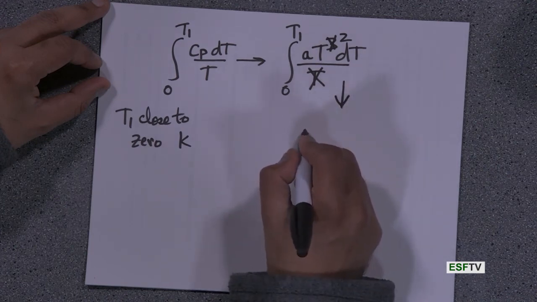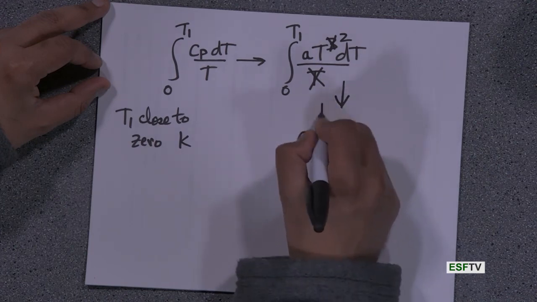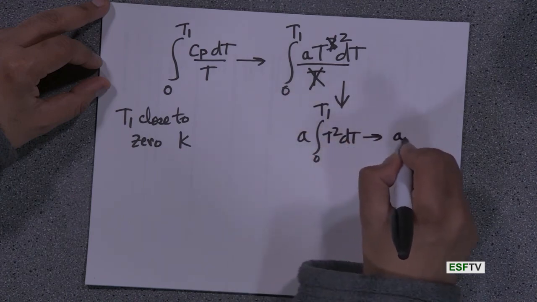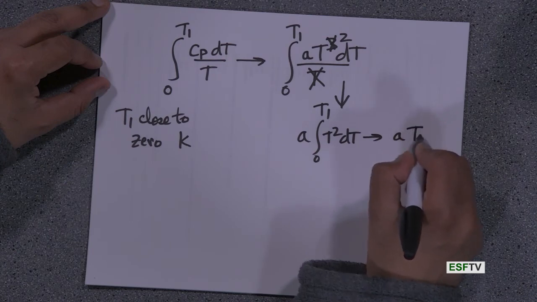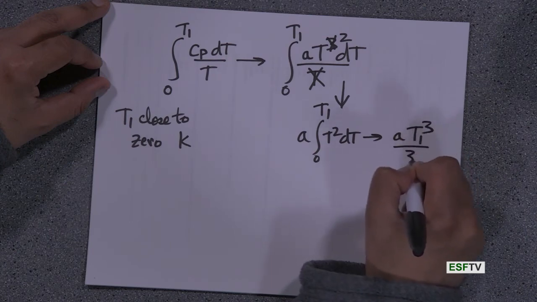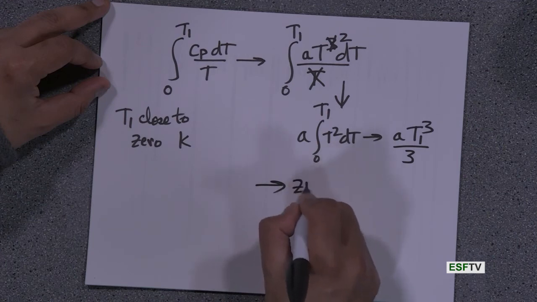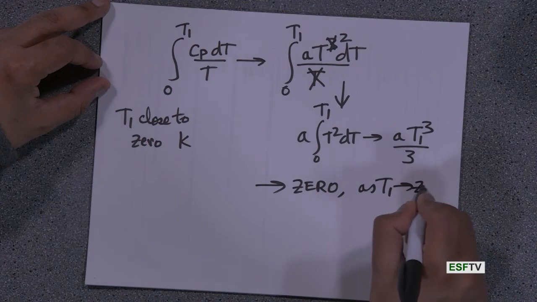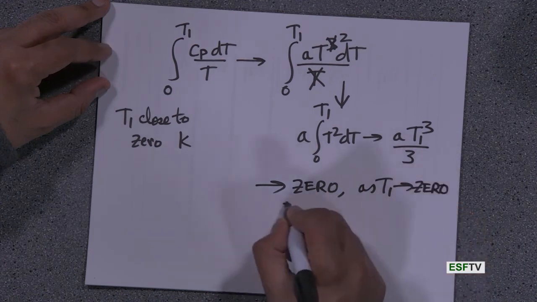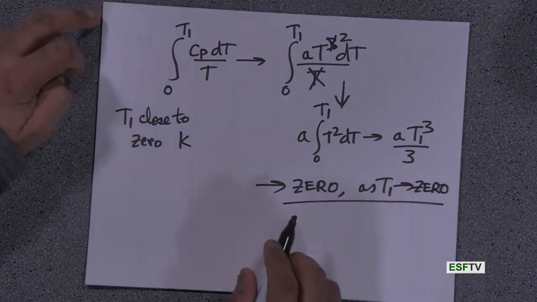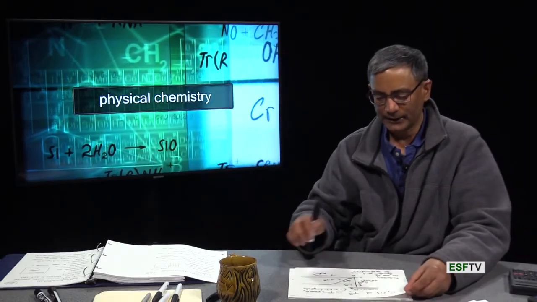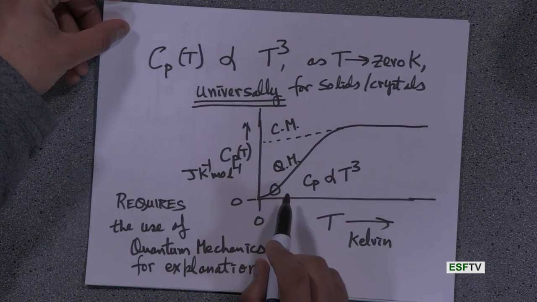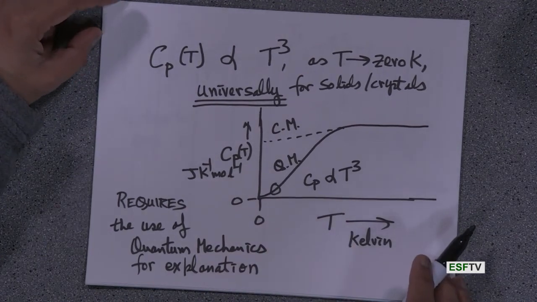So we get A times T squared over 2, and that correctly goes to 0 as T1 goes to 0. So it really is all internally consistent in the end. It all works out in the end because the heat capacity has this T cube behavior at low temperatures, which requires quantum mechanics to explain properly.